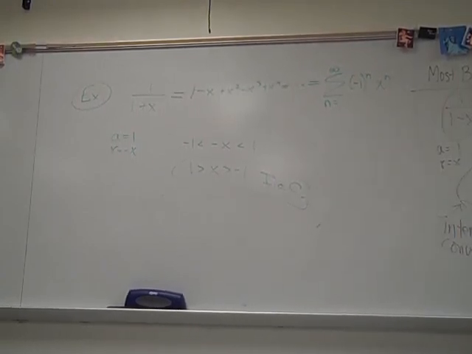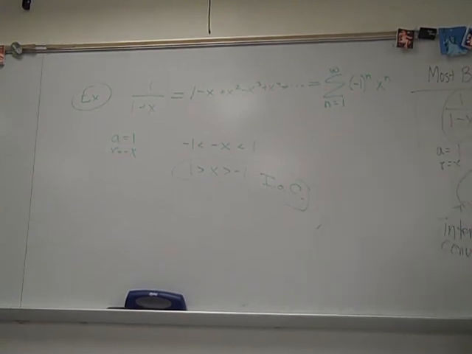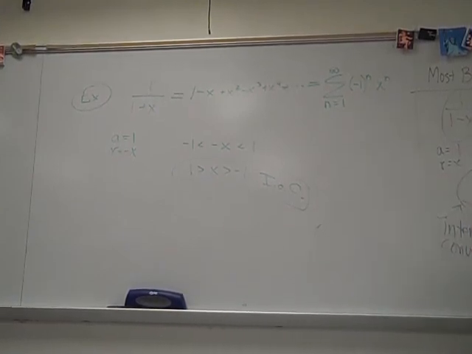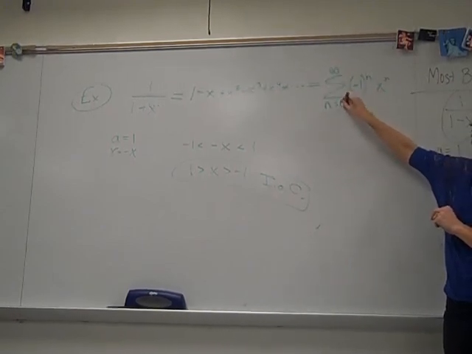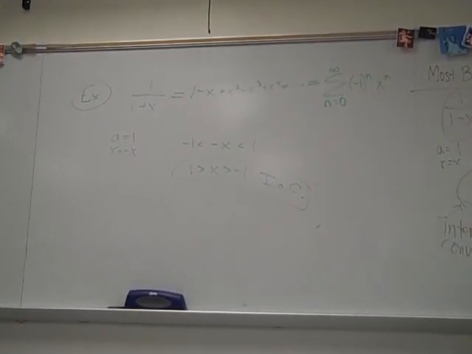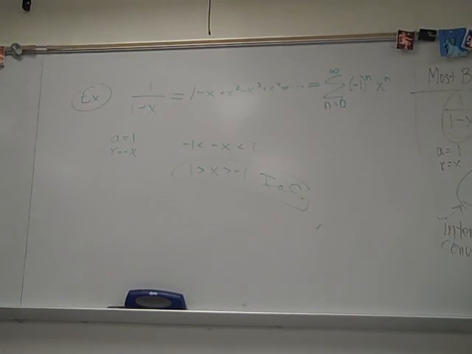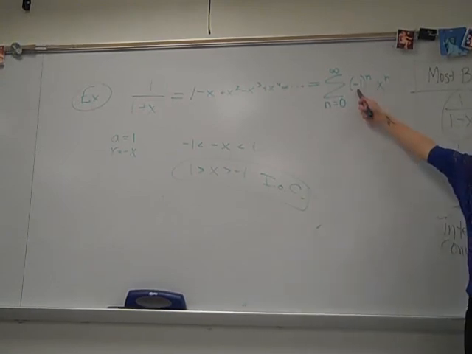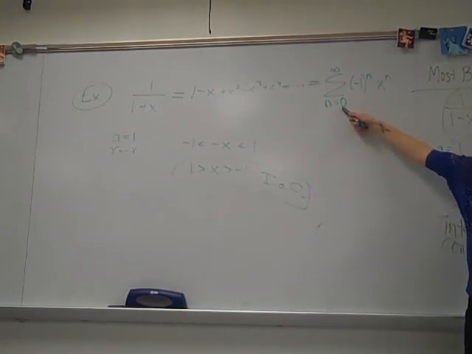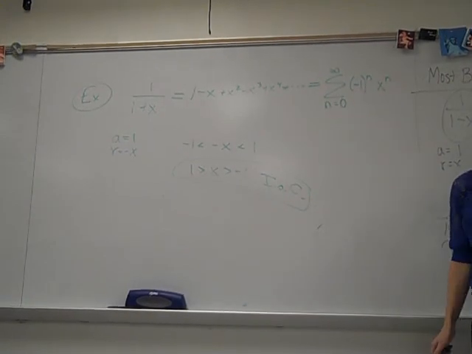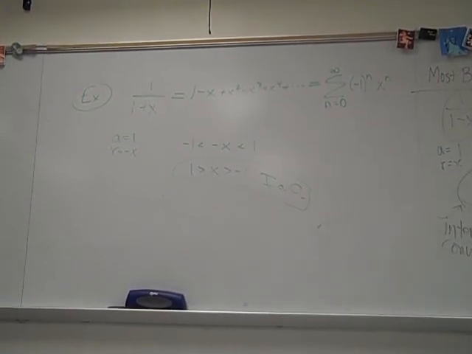If n is equal to 1, does this work on the first term? No, it gives me an x, so that doesn't work. If n equals 0, does that work? Yes, because that makes this 1 and also makes the sign a positive 1, so I'm good. The second term, when n is 1, it's going to be x to the first with a negative, so you'll be good. So that's writing the series.